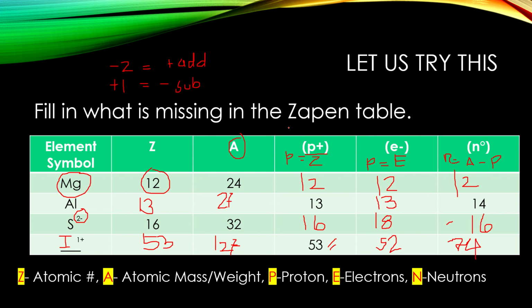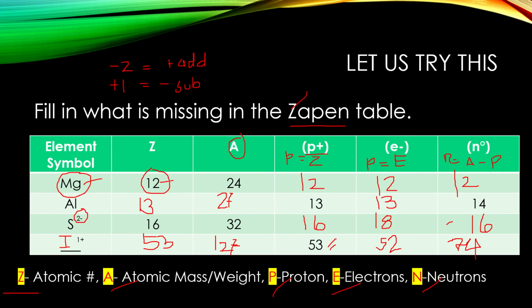So, when we say SciPen table, Z stands for atomic number, A is for atomic mass, P is for proton, E is for electron, and N for neutrons. So, now, number 1, we have magnesium. Magnesium has atomic number of 12.